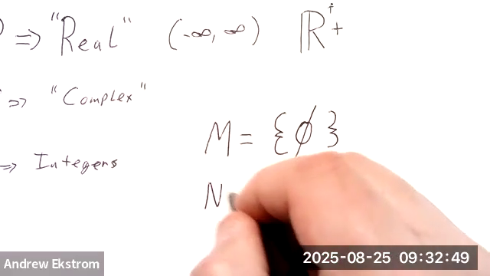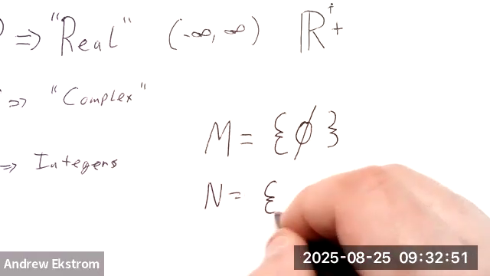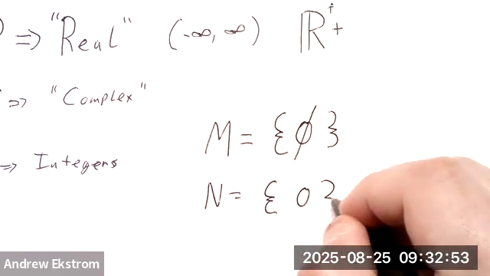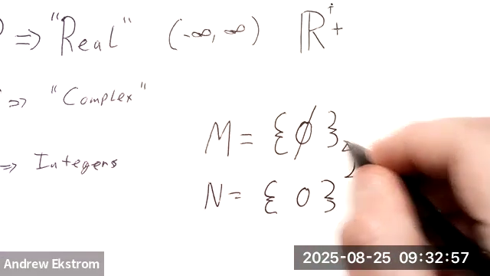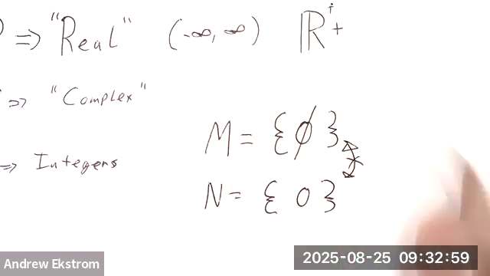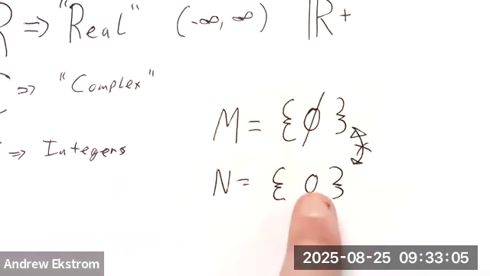So if I say n equals, those are not the same thing. This is saying there is an element in the set, and that element is 0 or the letter O. Can anyone here tell the difference between a 0 and an O?